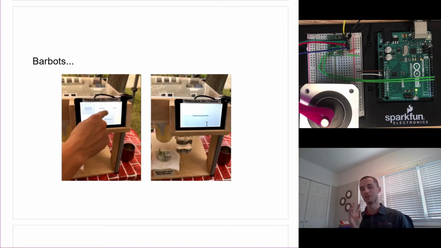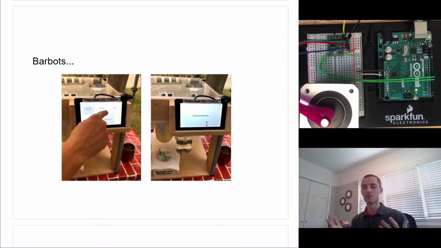And so it was literally like, how much liquid could I pump with this stepper motor per step? I did a bunch of testing and I came up with, well, when I rotate it, let's say, I think it was for like 30 seconds, I forget how many times around it did, I got so many ounces of fluid out of it. And so I was able to calculate per step of the stepper motor exactly how many ounces were dispensed.